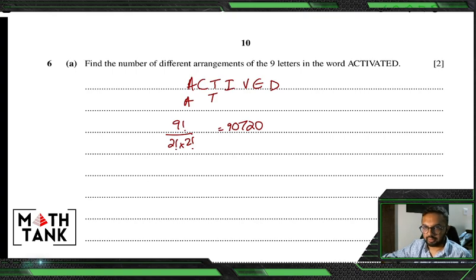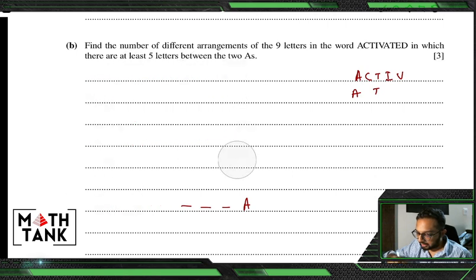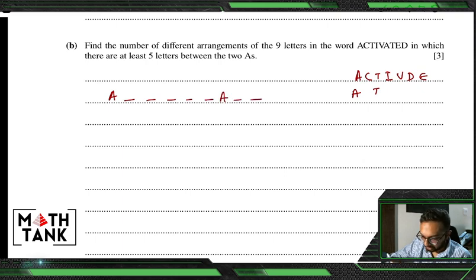Okay, yeah, that's correct. Then I have, this is find the number of different arrangements of the letters in the word activated, in which there are at least 5 letters. So that gives me a number of arrangements. 1, 2, 3, 4, 5, and then A, and then 2 more.